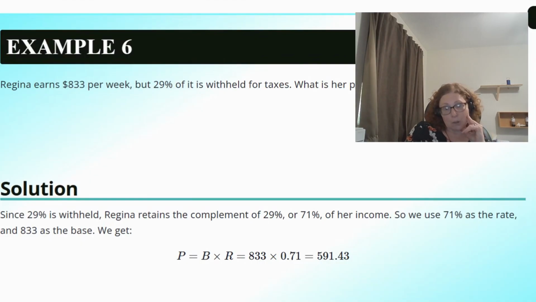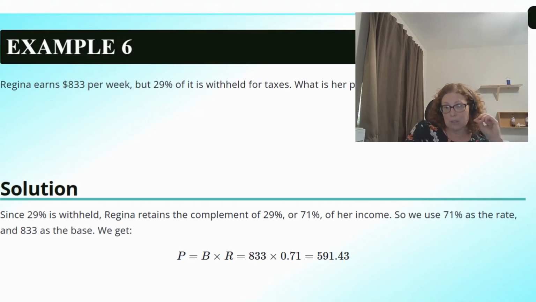Because for this example, Regina earns $833 per week, but 29% of it is withheld for taxes. What is her pay after taxes? So we don't put 29% in the problem.